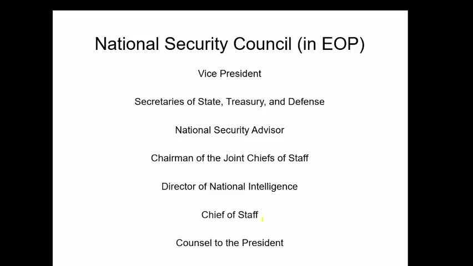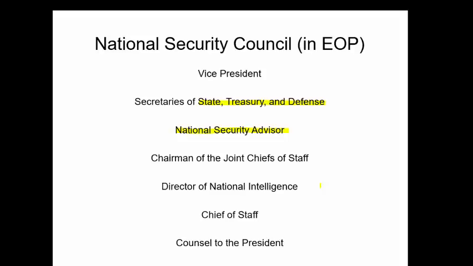These are the general mainstays that sit in on these meetings. And we have 3 of the most important cabinet departments that sit on it: Secretaries of State, Treasury, and Defense. The National Security Advisor, very importantly, is the man that's got the president's ear on advising him on how to pursue our national security.